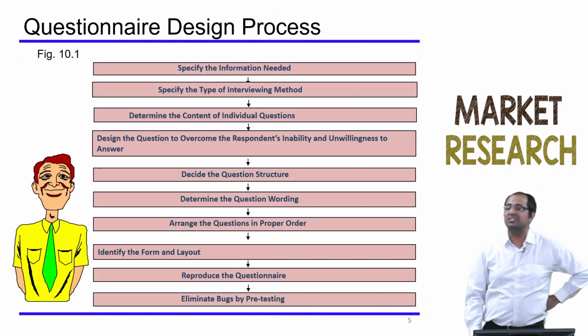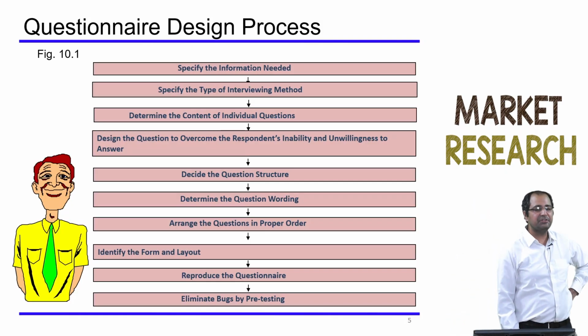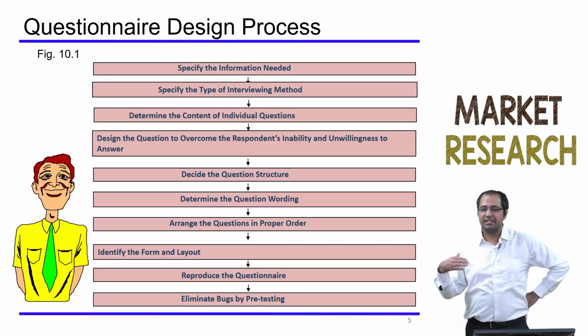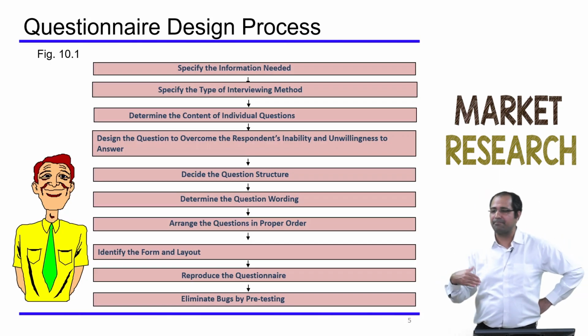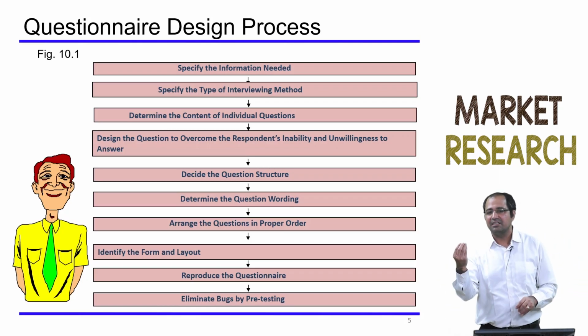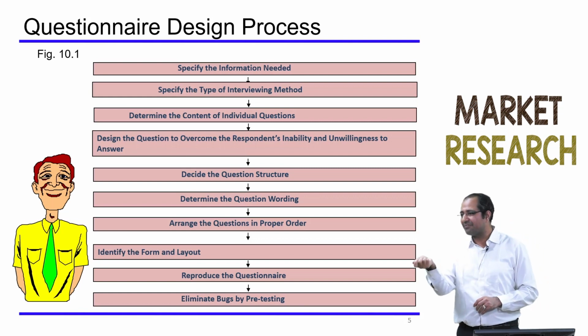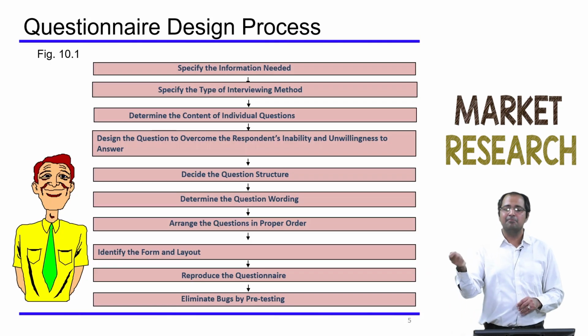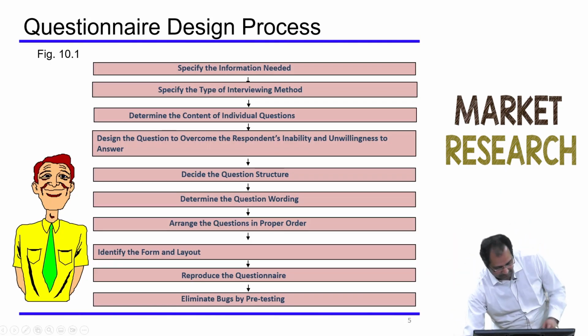The third is determine the content of individual questions. After we know these two steps, step number 2 is the content of individual questions that we are going to put. Now we will determine that, and for doing that, please look at the exercise sheet that you have.